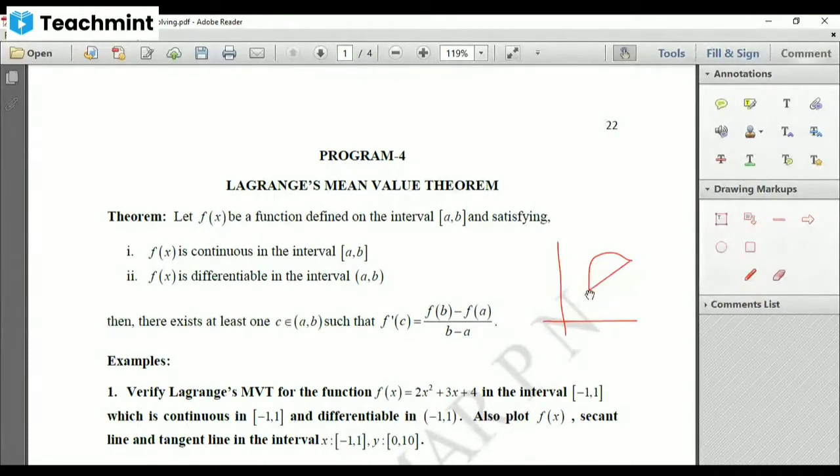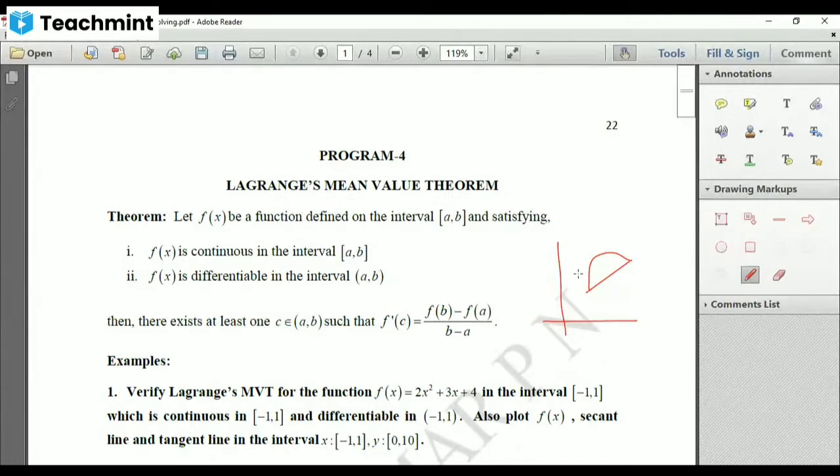This chord, with this point a comma f of a and this point b comma f of b. Then the slope of this chord, which is a straight line, is f of b minus f of a divided by b minus a.